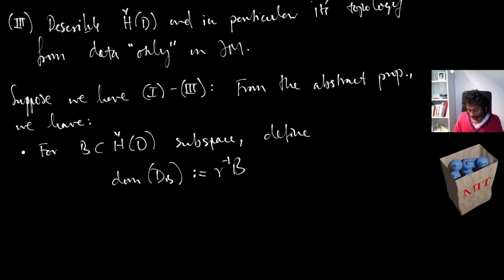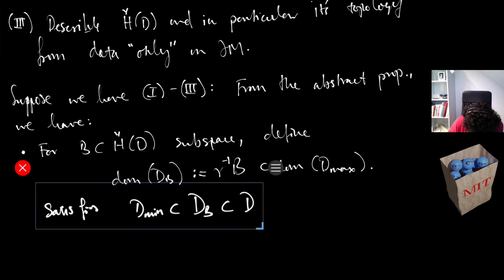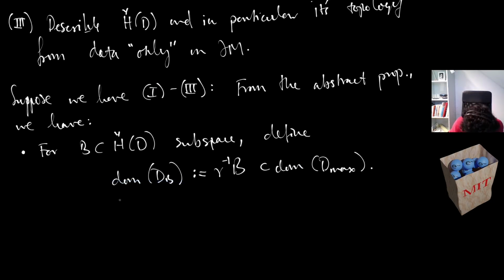And so now this is a subspace of dom D max, obviously. And so this satisfies D min contained in dB. Okay, I think I didn't write this all that well. Let me write dB of u equal to D max u for u in dom dB.